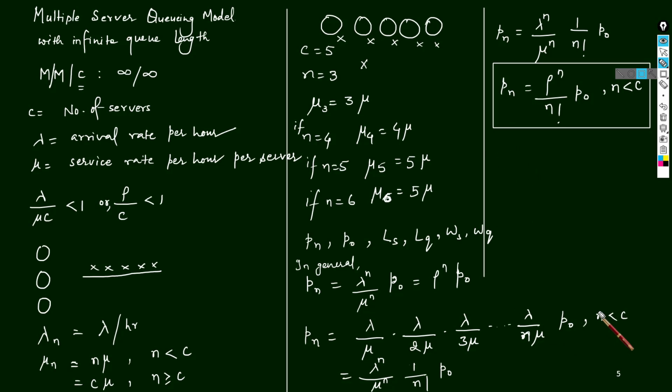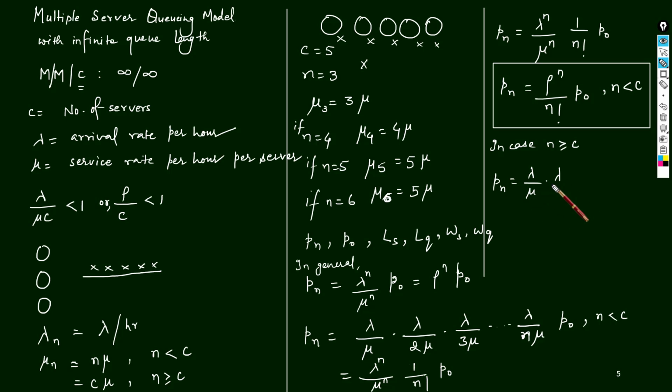Okay, so next, what will happen in case n is greater than or equal to c? Here the first part goes up to c minus 1, but as soon as it reaches c, the rate changes. Take an example of this one only. How can we write Pn when n is greater than or equal to c?